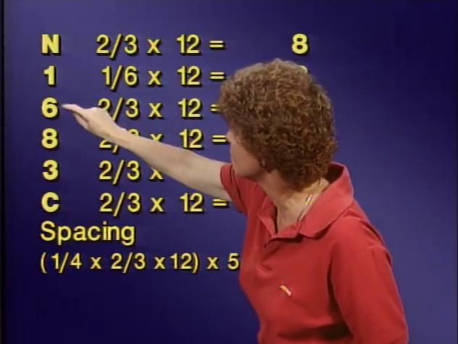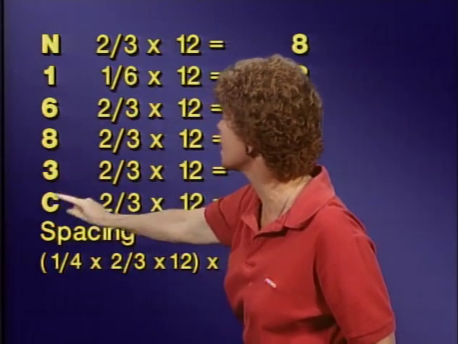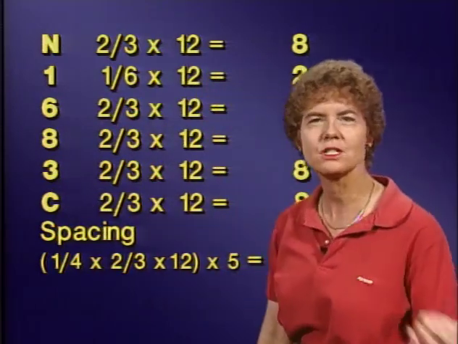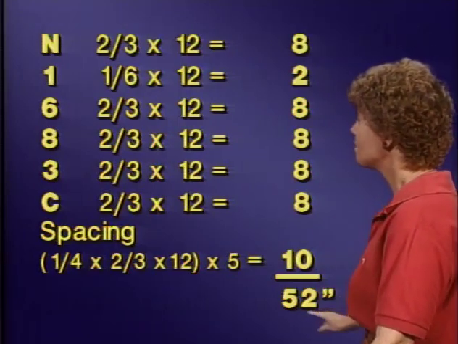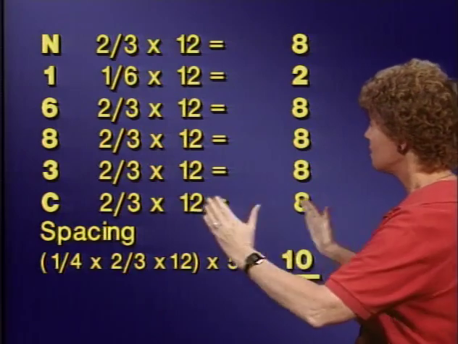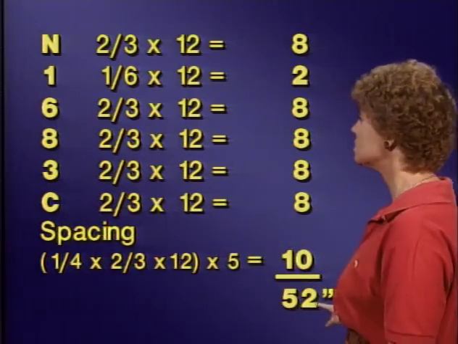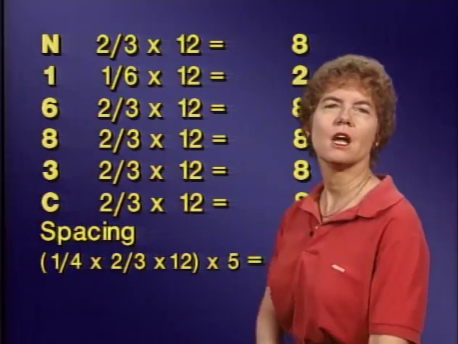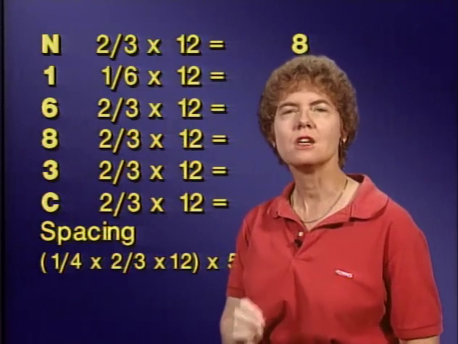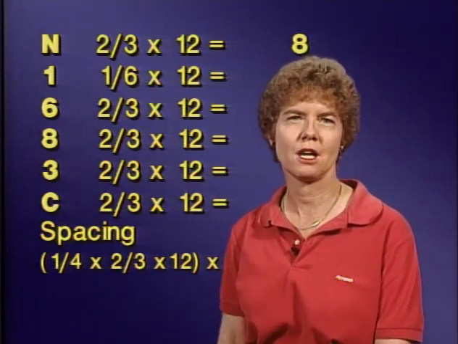Here's 1, 2, 3, 4, 5 spaces between those different letters and numbers. 5 times 2 is 10 inches, and when we total all of those up, we come up that we're going to need 52 inches along the fuselage in order to put that registration mark on it. The line width is not relevant to the space required on the fuselage.